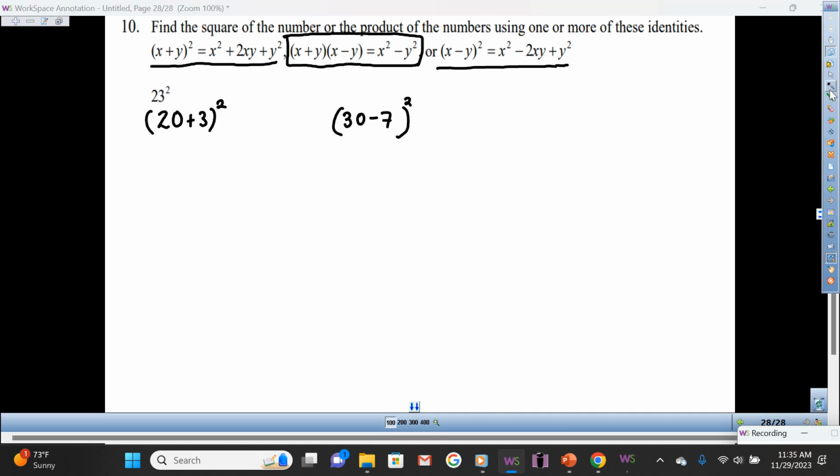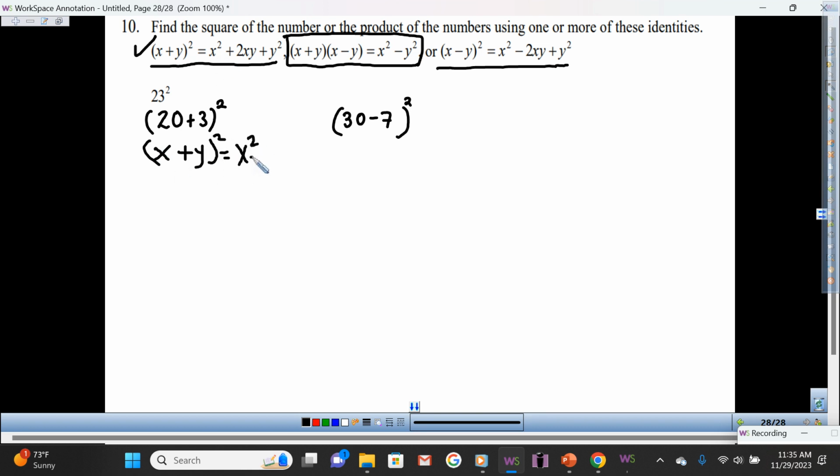So let me zoom out. By looking at the first binomial, look, it's addition. Which one does this look like? Does it look like this, or like the first one, right? So that means I'm going to use this one, so I write this one right underneath. (x + y)² = x² + 2xy + y².